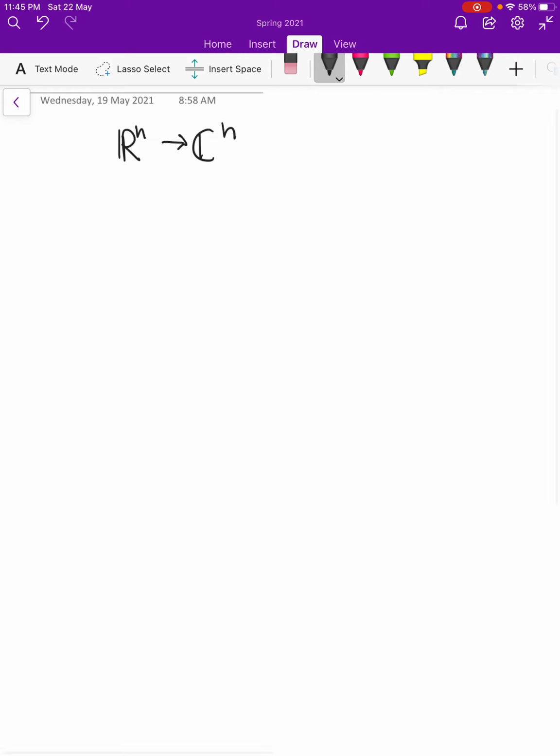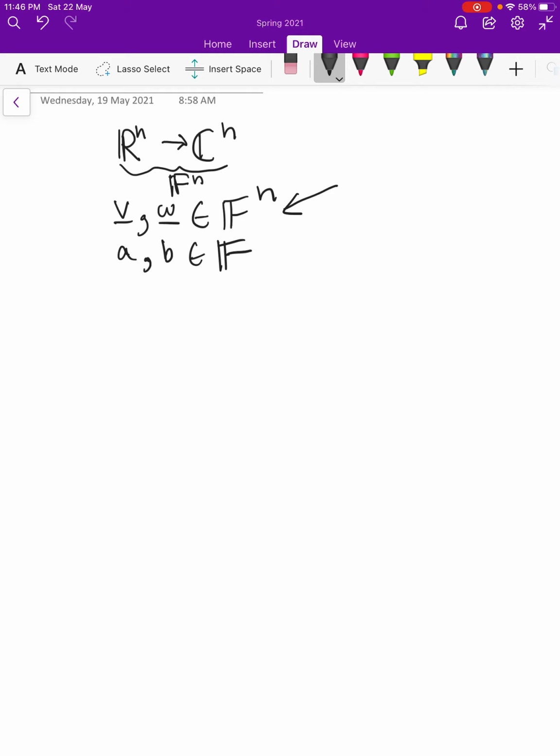So a linear combination is basically, say we have two vectors, say v and w, in, let's call these together Fn, which means they're vectors, and let's say a and b are scalars of F. So if we have real vectors here, we'd have a real number here.